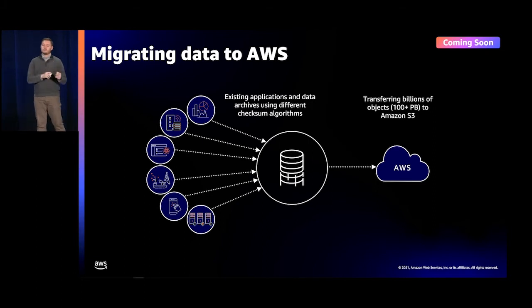They are moving billions of objects and hundreds of petabytes of data to S3 and Glacier. In many cases, these customers receive or collect data from multiple sources using different checksum algorithms. Customers told us that they trust AWS, but they also want to verify every byte landing on AWS as a best practice, and to confirm that the data was transferred without any alteration.